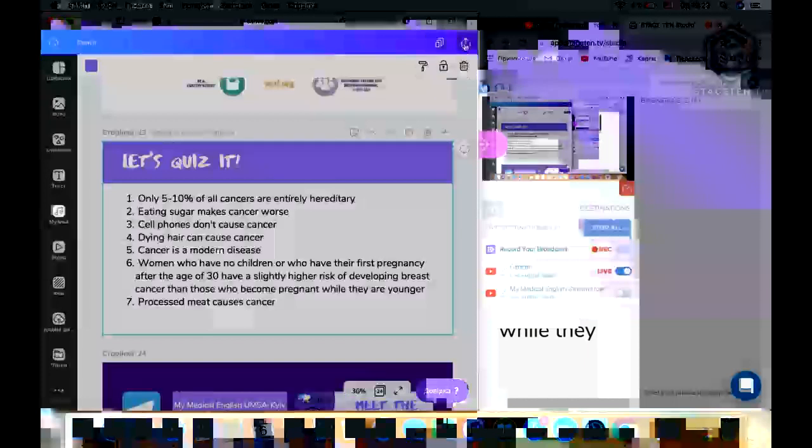Let's move to the last statement. Processed meat causes cancer. Do you think it's true or false?